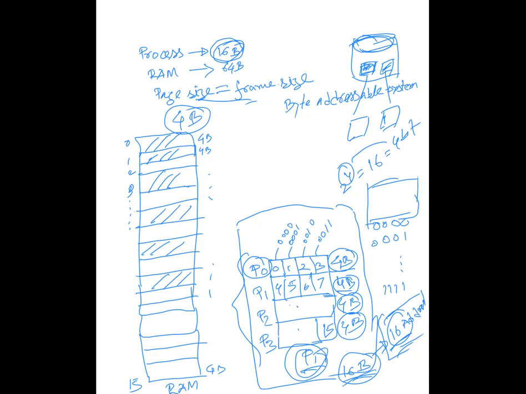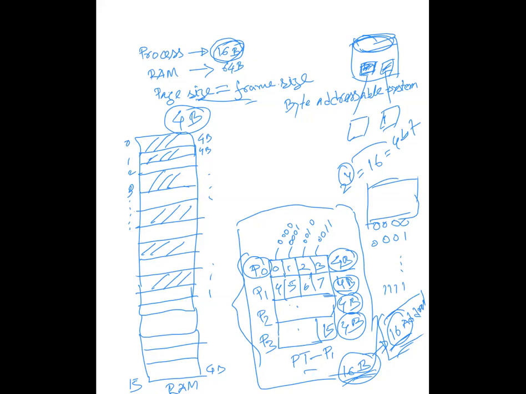This is the process table for process P1. So each page is just allocated inside the memory.